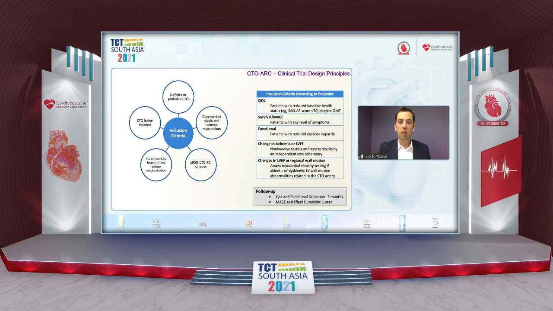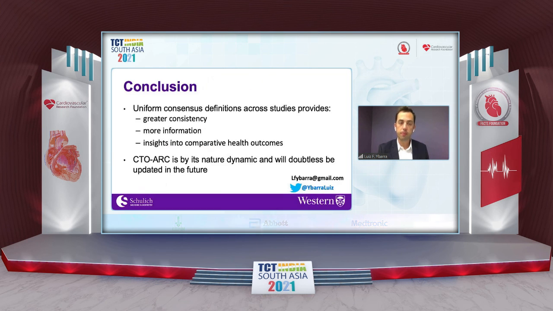And so if you're assessing quality of life, MACE, functional outcomes, change in ischemia, change in ejection fraction, you're going to choose your inclusion criteria accordingly. And the same for follow-up. If you're assessing quality of life or functional outcomes, 3 months is okay, but if you're assessing durability or MACE, you'd want a longer follow-up.